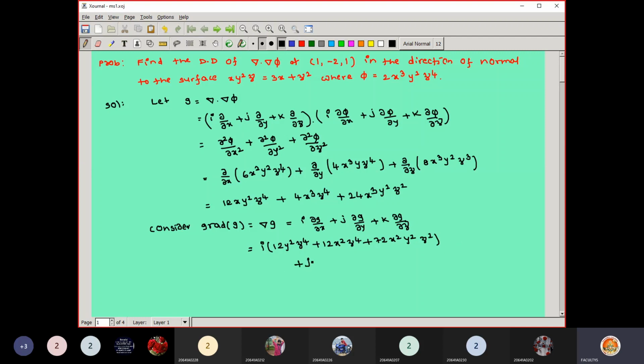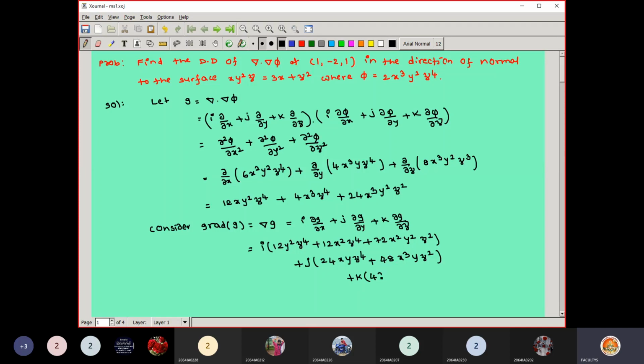Similarly plus j dou g by dou y, with respect to y variable you are differentiating. So that becomes 24 x y z power 4, and there is no y term in the second, and the last is plus 48 x cube y z square. This is with respect to y. Similarly plus k into dou g by dou z, with respect to z.